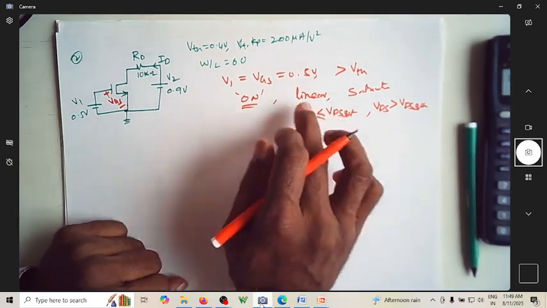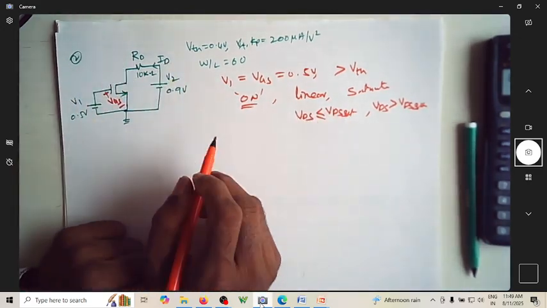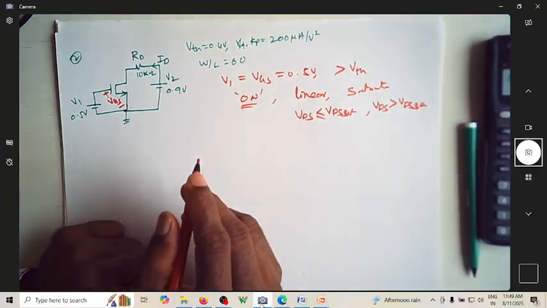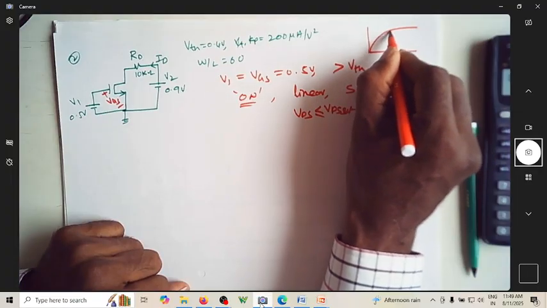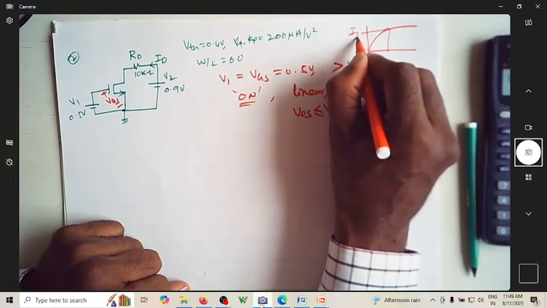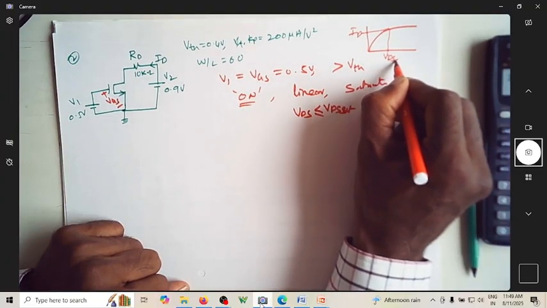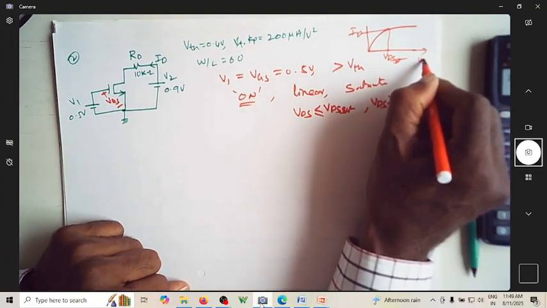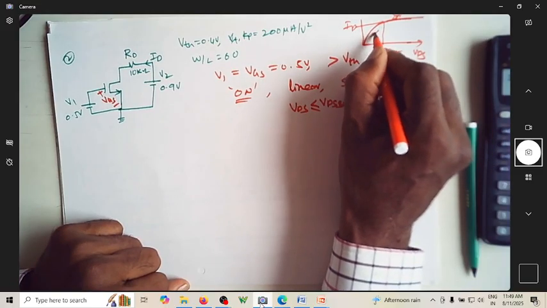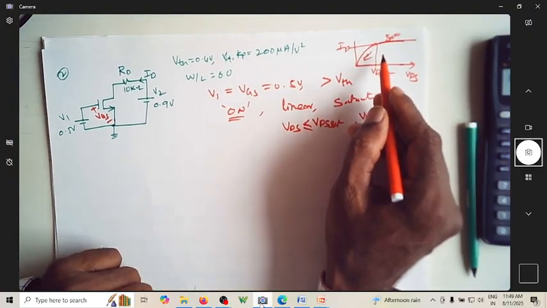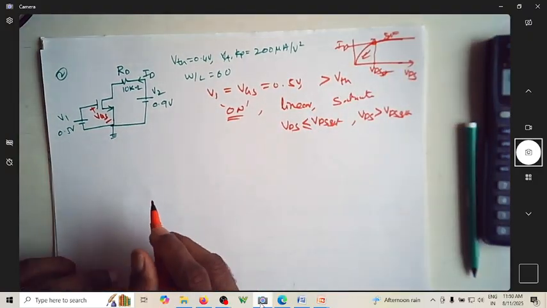Even if it is equal to VDS sat, we say it is on the verge of the saturation region or the verge of the linear region. It's exactly this point. This is ID, this is VDS sat, this is VDS. Beyond this it is saturation, before this it is linear. So at this point we say it is the verge.